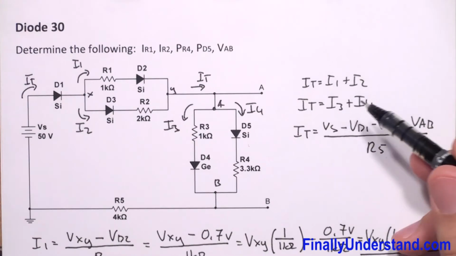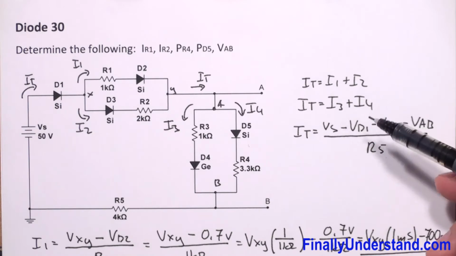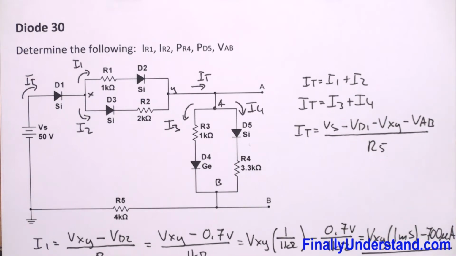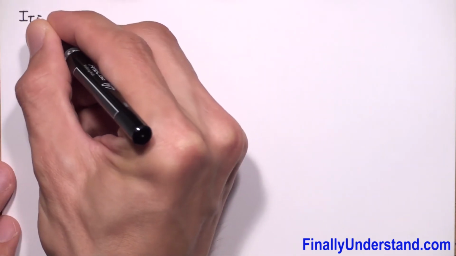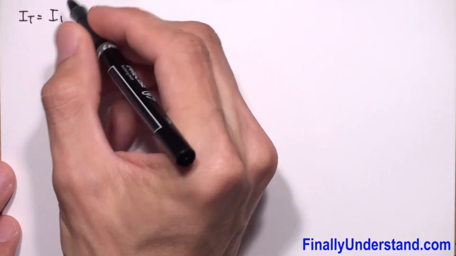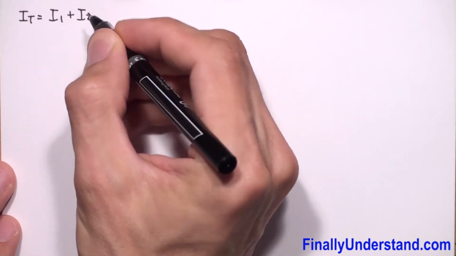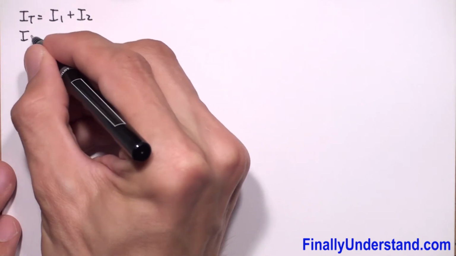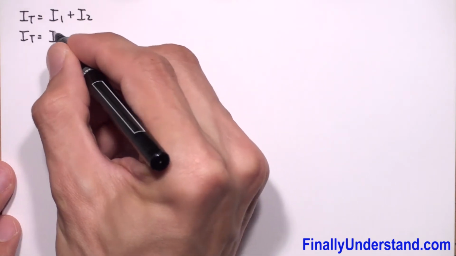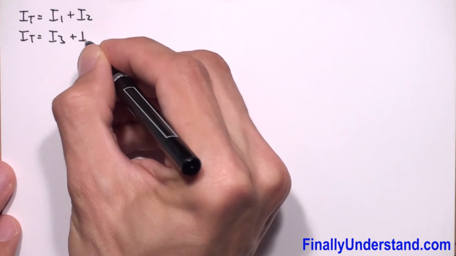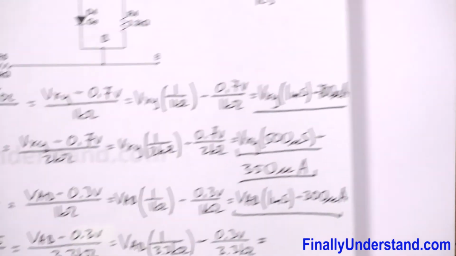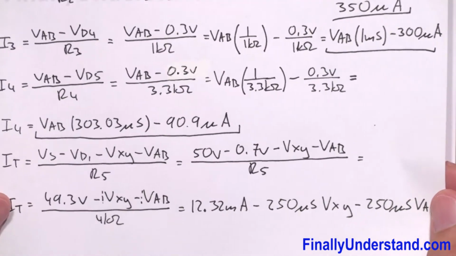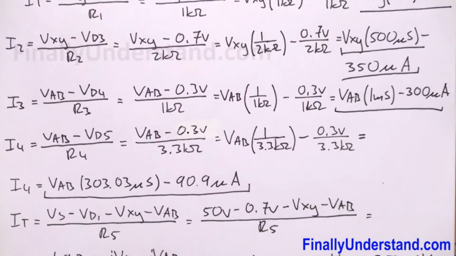Now we're supposed to copy these two formulas and solve the system of two linear equations. Okay, so I total is equal I1 plus I2, and I have I total is equal I3 plus I4, where we found that I total is equal these expressions.